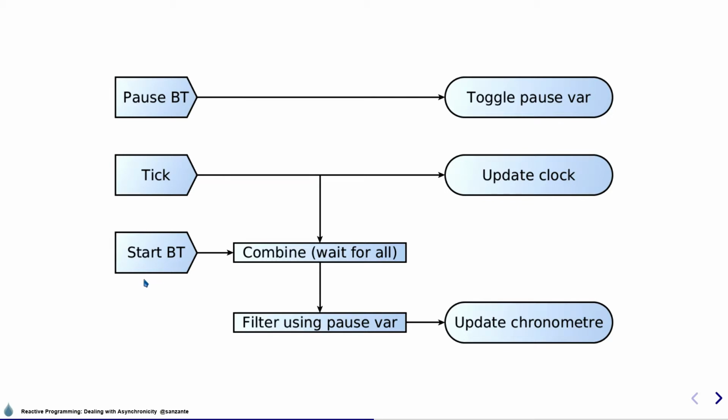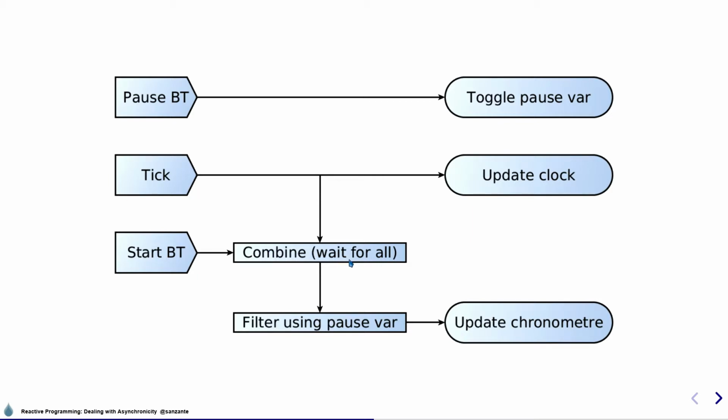And we have another source of asynchronicity that is the start button that the user clicks. So here what we have is a combine operator, or wait for all, that has two input streams and emits one value when all its sources have emitted a value.